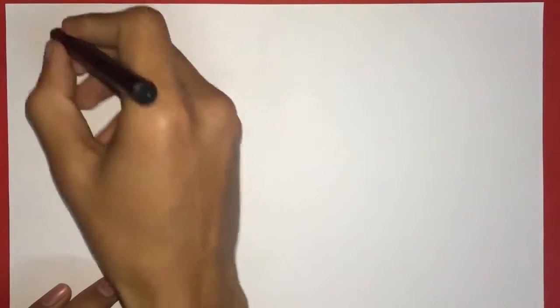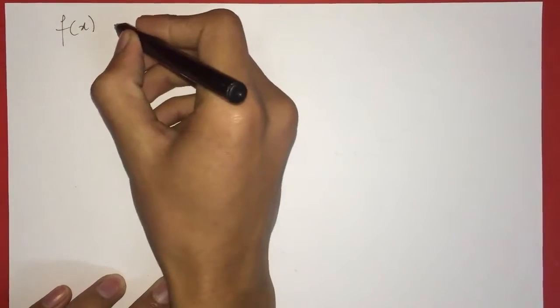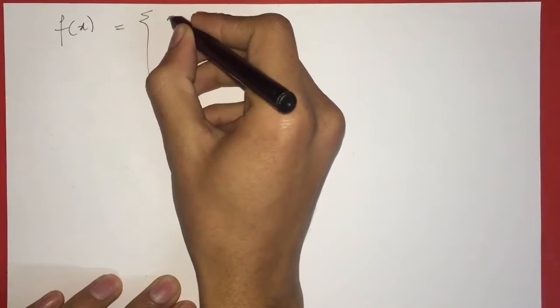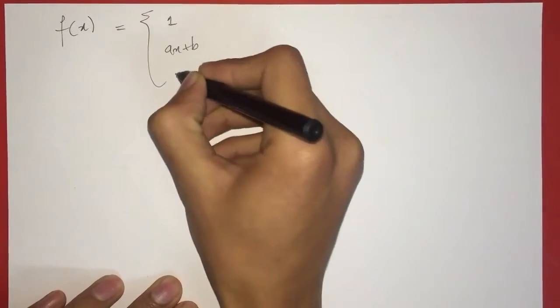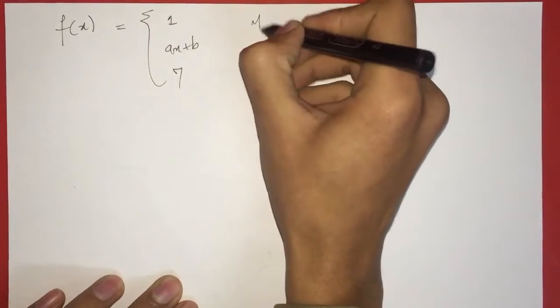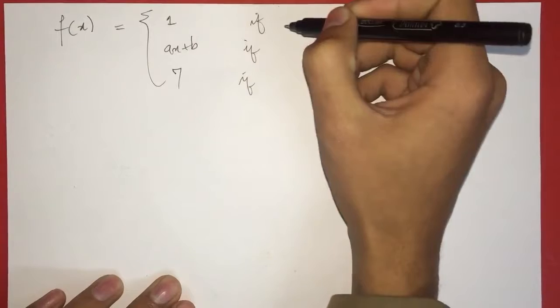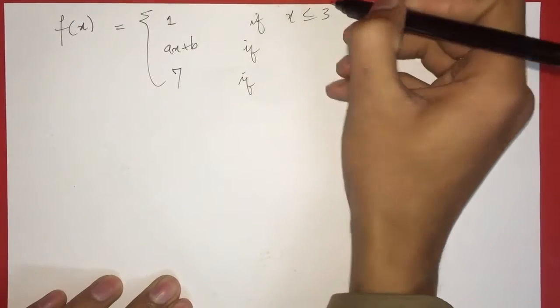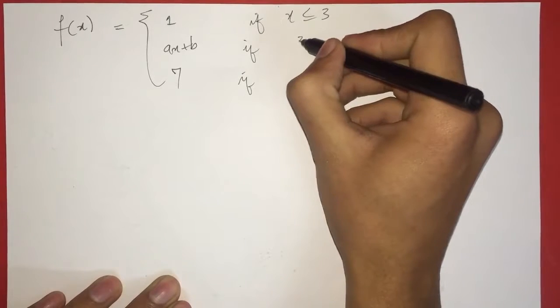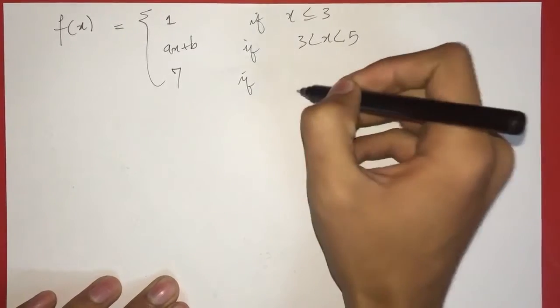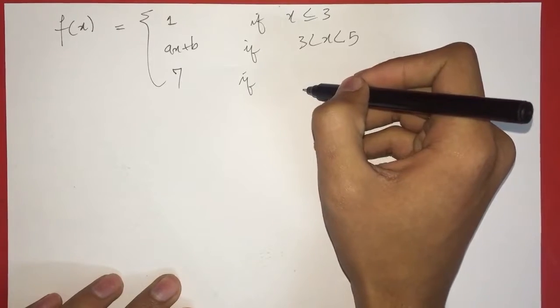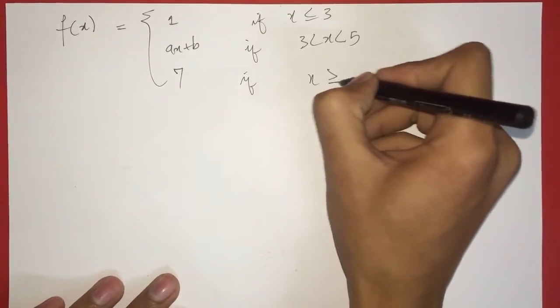So here I have the question we did at the university. I have to find the values of a and b, where f of x equals 1, x plus b, and 7, if x is less than or equal to 3, x is greater than 3 and less than 5, and x is greater than or equal to 5.